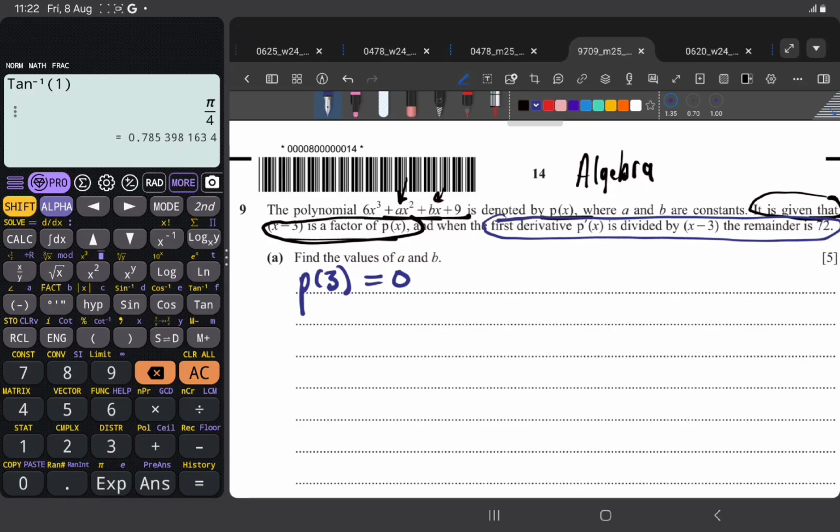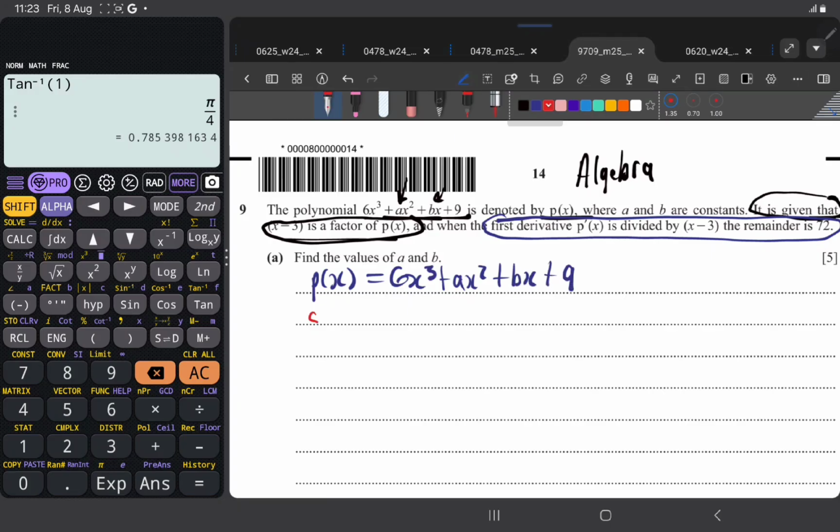So we have been told that x minus 3 is a factor, so we now know that p of 3 has to be equal to 0. First, you're going to write p of x is equal to 6x cubed plus ax squared plus bx plus 9.